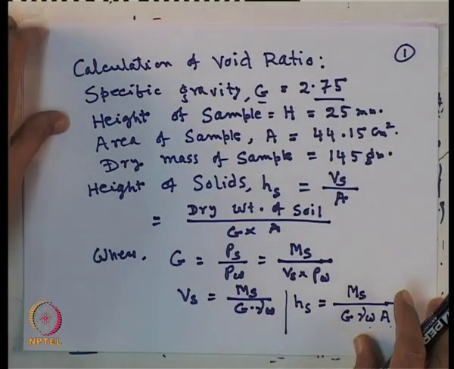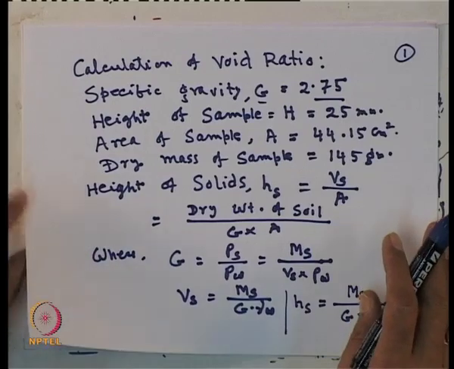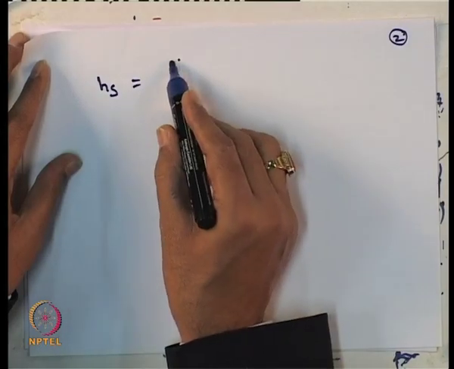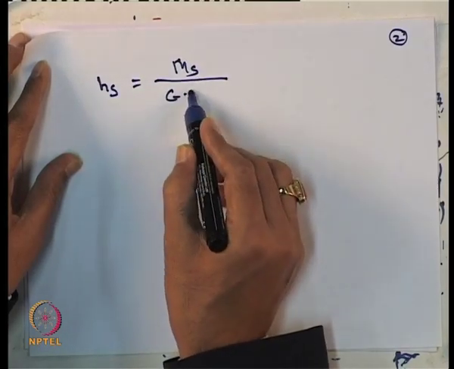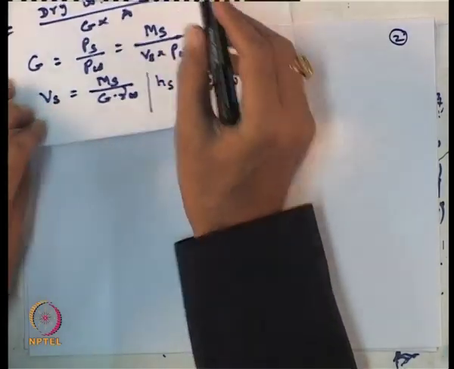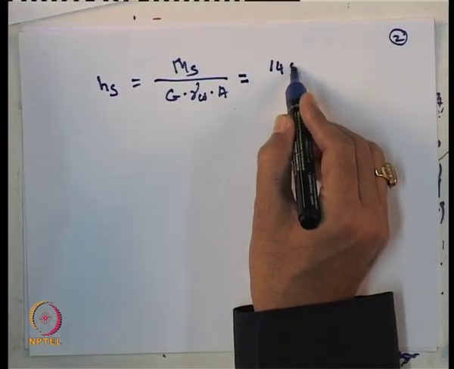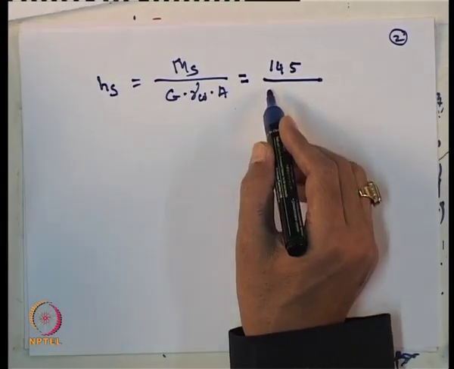So we can write that H_s is the M_s divided by G gamma_w into A. So this is 145, divided by the G value, 2.75.